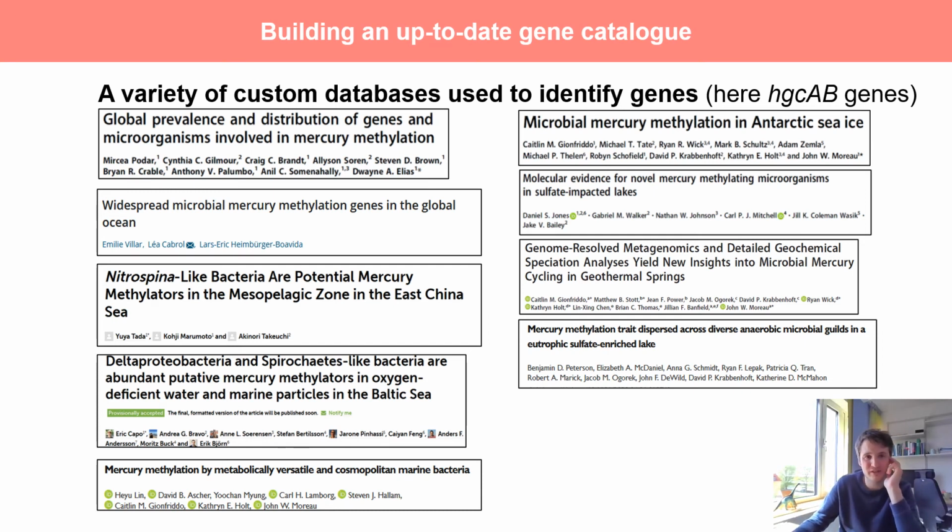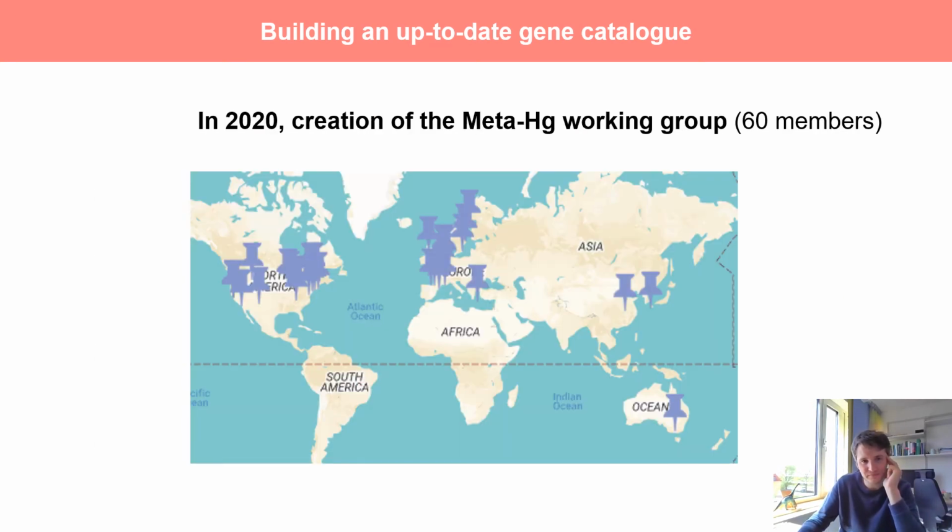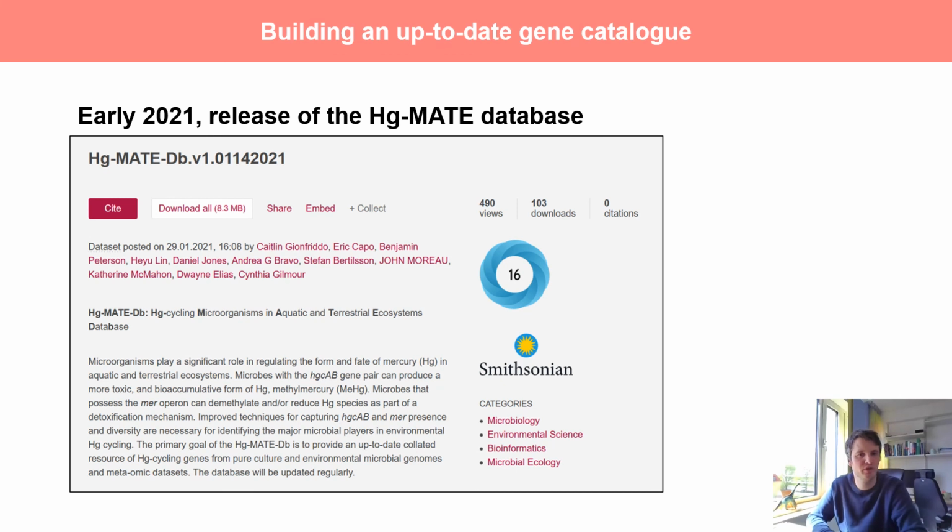So what I did is I contacted all of them, and I said, okay, we should build a consensus database and a consensus protocol. All of them were very happy about that, so I was lucky. So I created this metaHg working group in 2020, and we have been working since then on creating these consensus protocols.